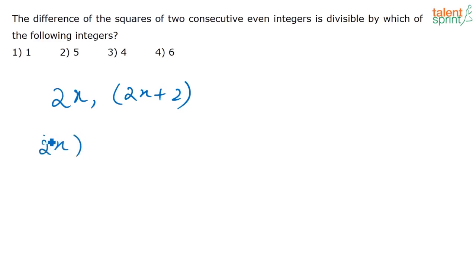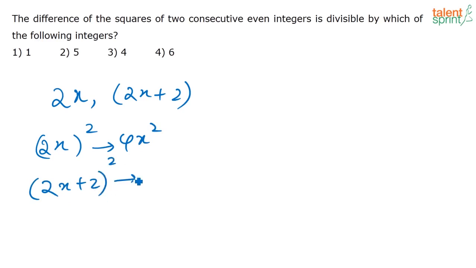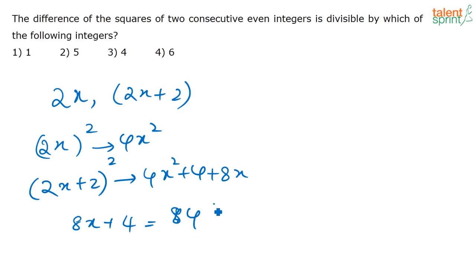You get 2x the whole squared, that is equal to 4x squared. Now 2x plus 2 the whole squared is going to be 4x squared plus 4 plus 8x, correct? Now if I subtract these two, what do I get? I get 8x plus 4, or that is equal to 4 into 2x plus 1.